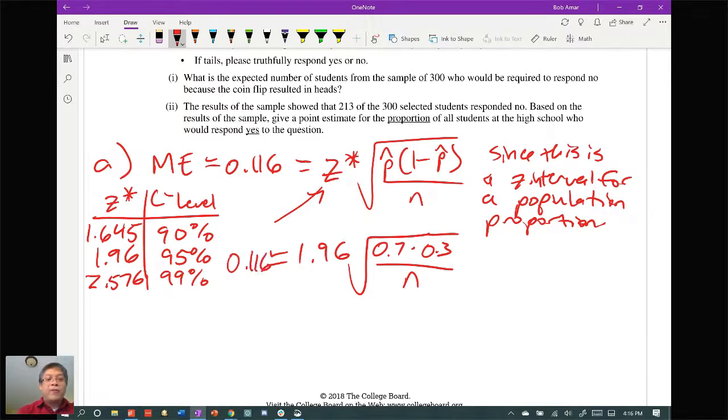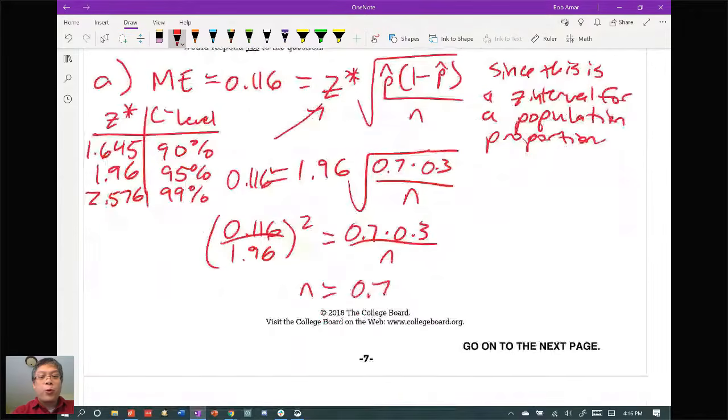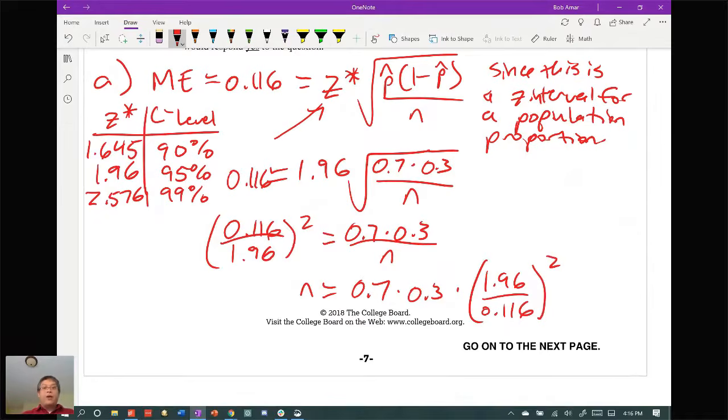Now I need to do a little bit of algebra. So 0.116 over 1.96. I'm going to skip steps here a little bit in the interest of time. The number of students in the sample must be 0.7 times 0.3 times the square of the reciprocal of this fraction. So multiply both sides by n and divide both sides by the left-hand side.